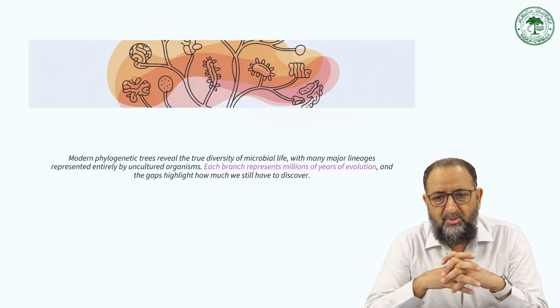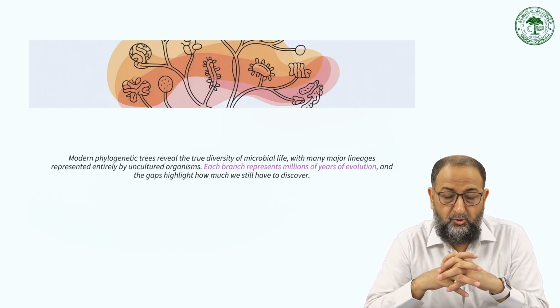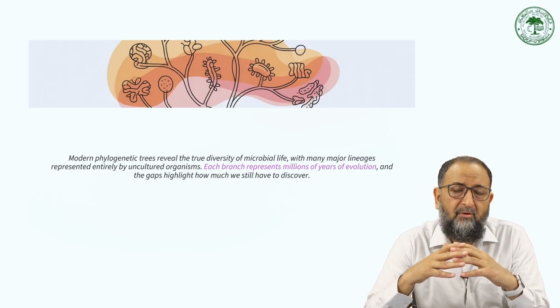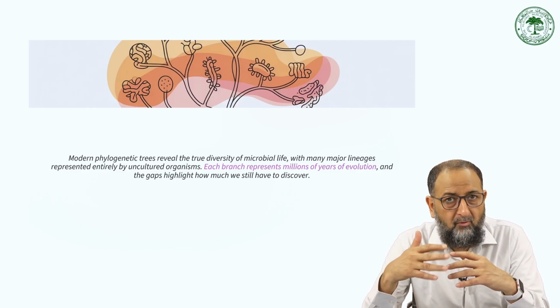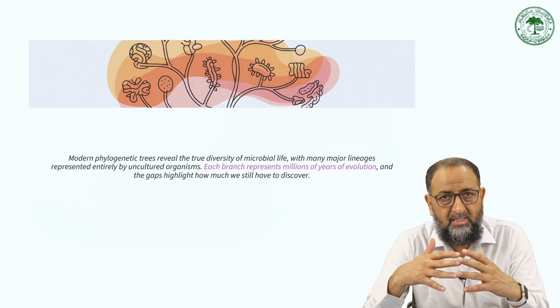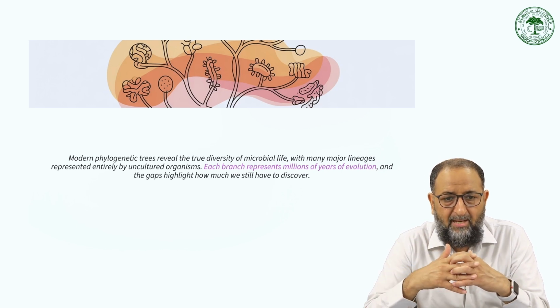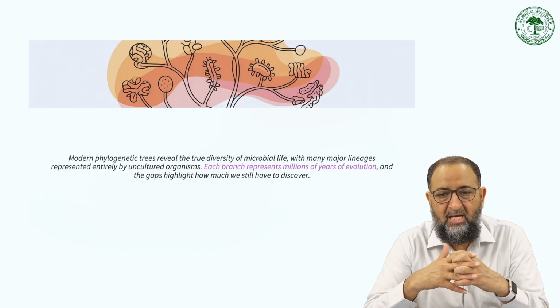Each branch represents millions of years of evolution. It takes years and years to evolve a species or individuals from one type to another, and these gaps highlight how much we still have to discover.